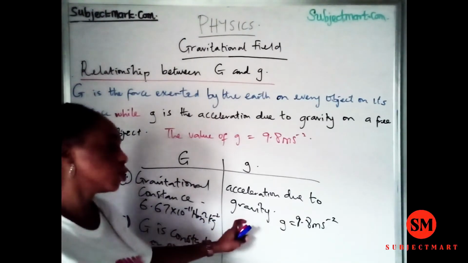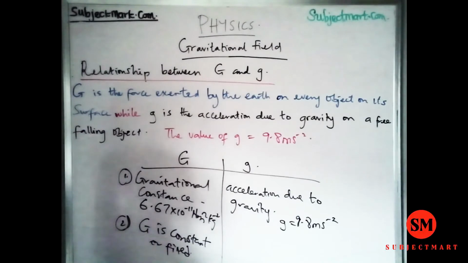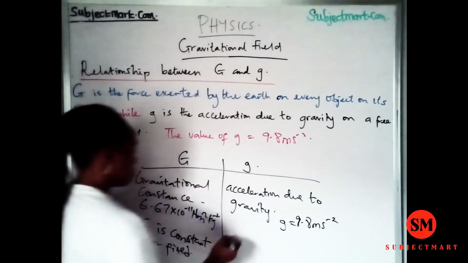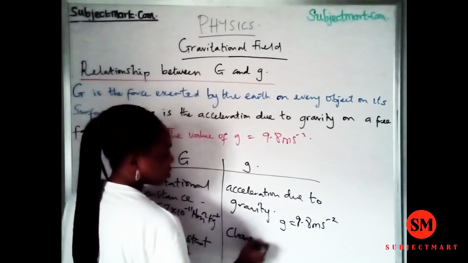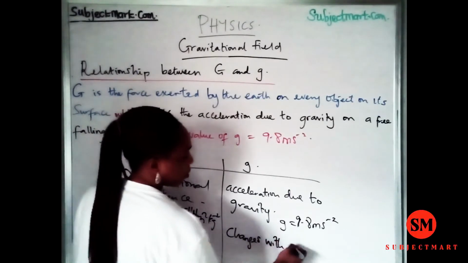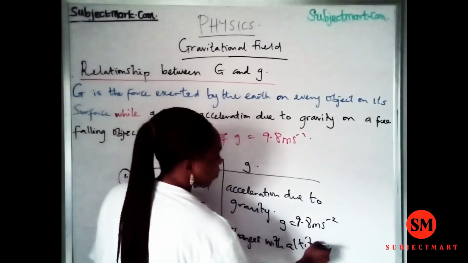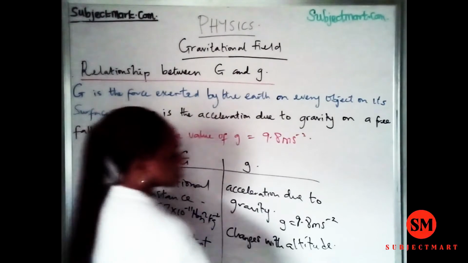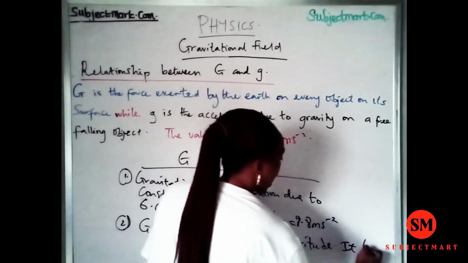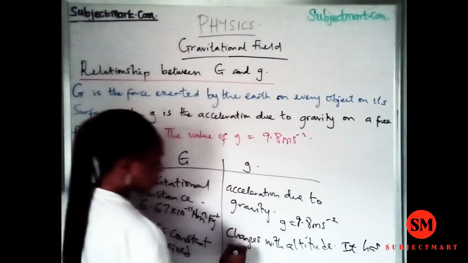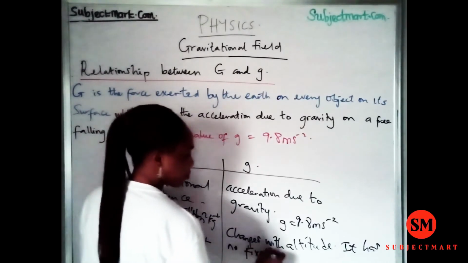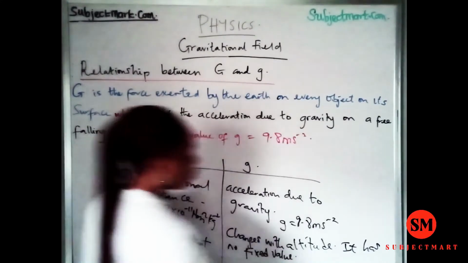But small letter g, on the other hand, changes with altitude. That means it has no fixed value.